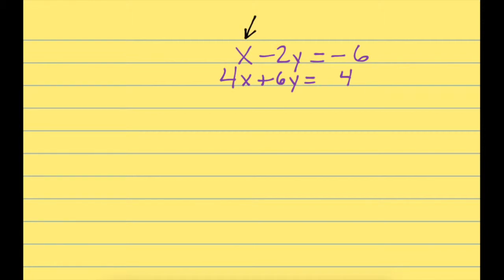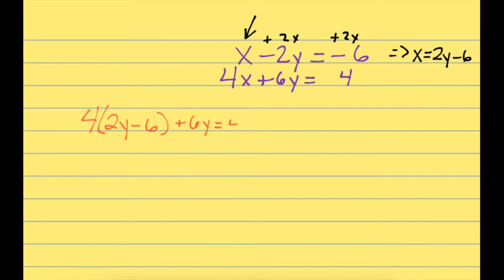If I look at this first equation, it has x with a coefficient of 1. And so to solve that equation for x, I would simply add 2y to both sides, and it would give me x equals 2y minus 6, or negative 6 plus 2y. So now I can take that and plug it into the second equation for x. So I replace the x in the second equation with what I know x must be from my first equation, 2y minus 6.